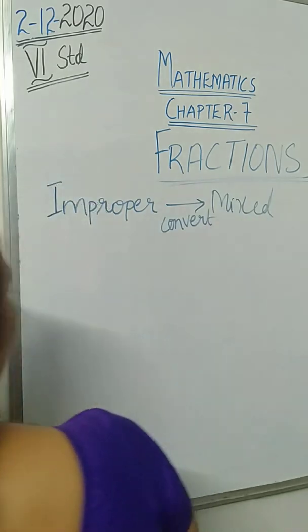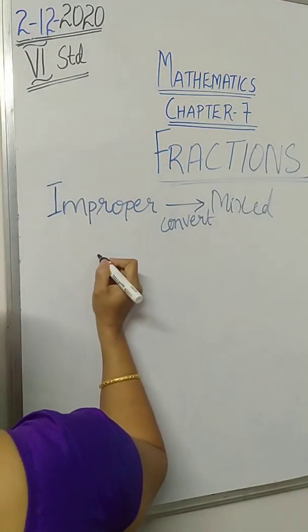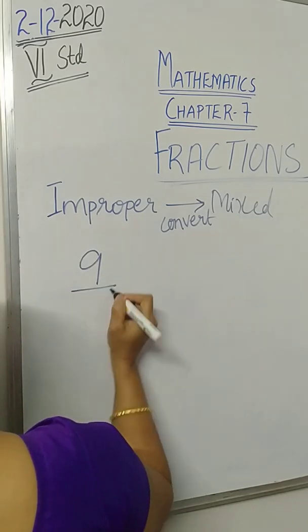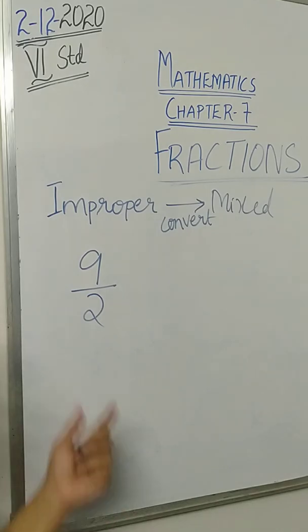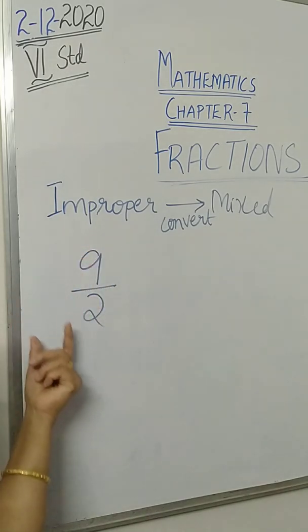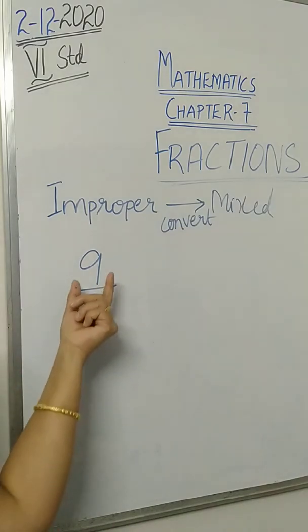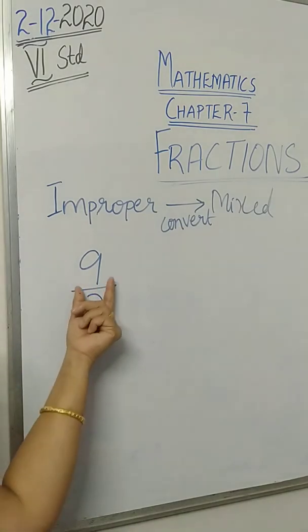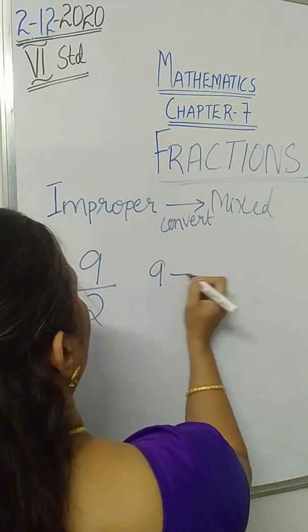Convert. Yes. Now, for example, take 9 by 2. Is this an improper fraction? Let us see how to convert this improper fraction to mixed fraction. 9 by 2 is nothing but 9 divided by 2. So, 9 divided by 2.